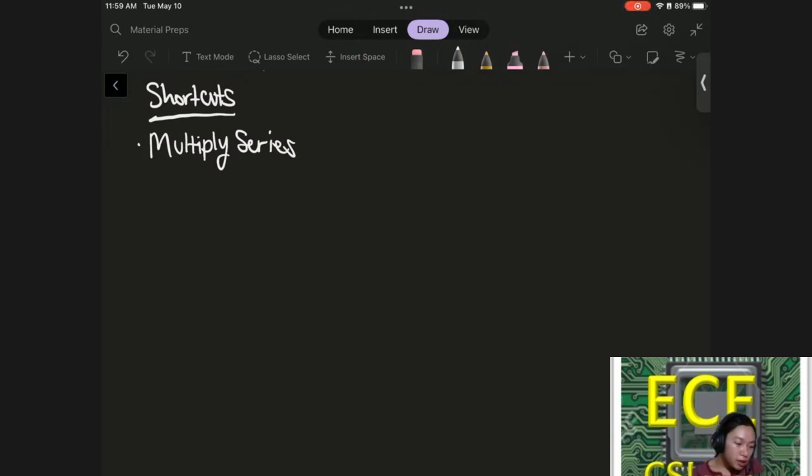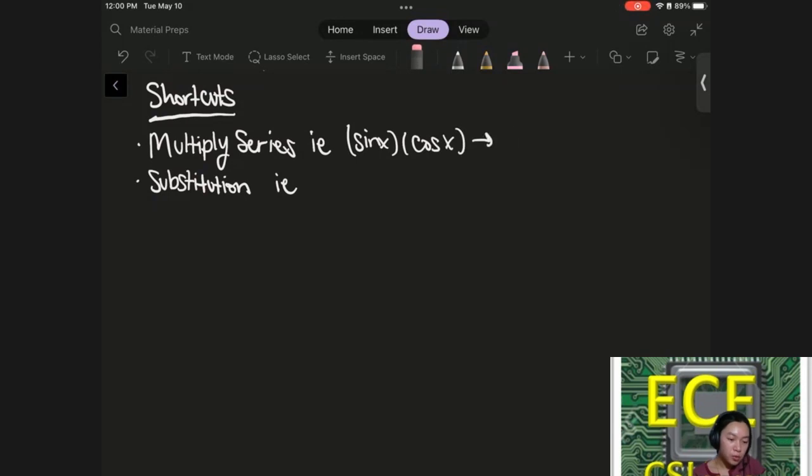Next one is substitution. Say I have, for example, sine x times cosine x. It's just their summations multiplied with each other.